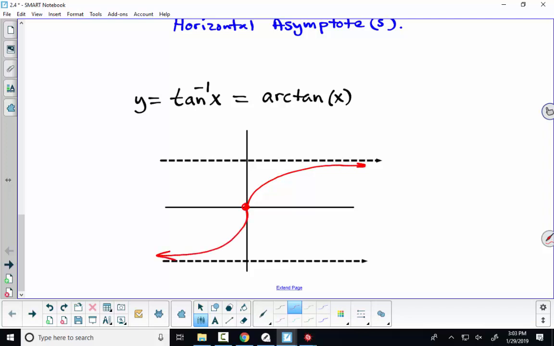So it looks something similar to that, where we have pi over 2 and negative pi over 2.